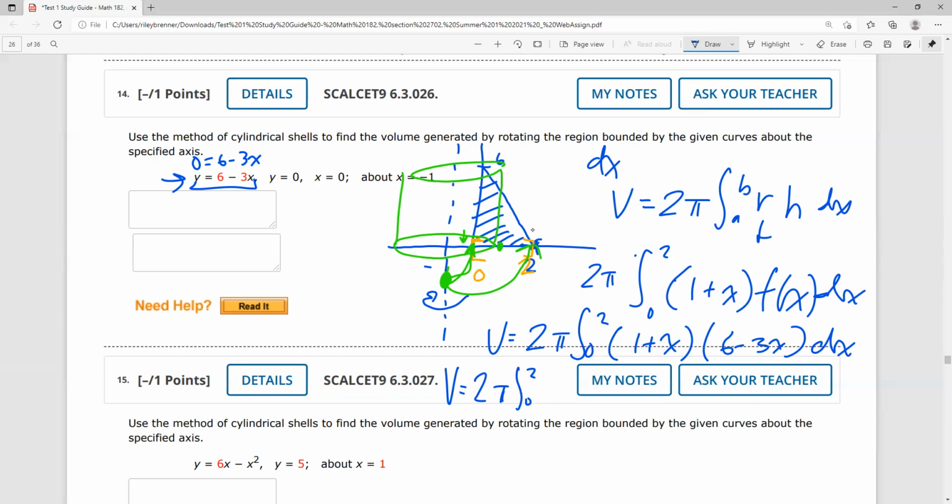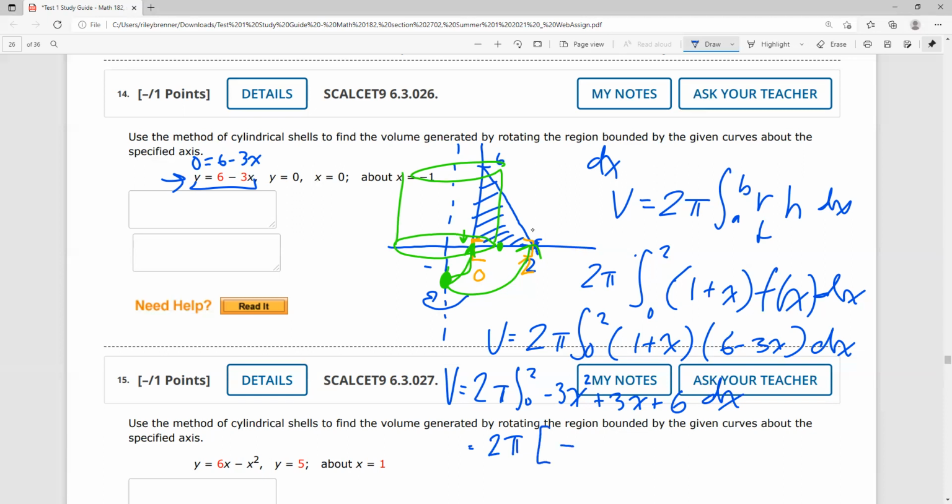Foiling this gets you, I'm going to jump ahead a bit so we can save time, negative 3x squared plus 3x plus 6, I think. Yeah. So this is the integral of a quadratic equation right here. And finishing this, we get 2 pi, let's see, oh, that's a 3 right there.